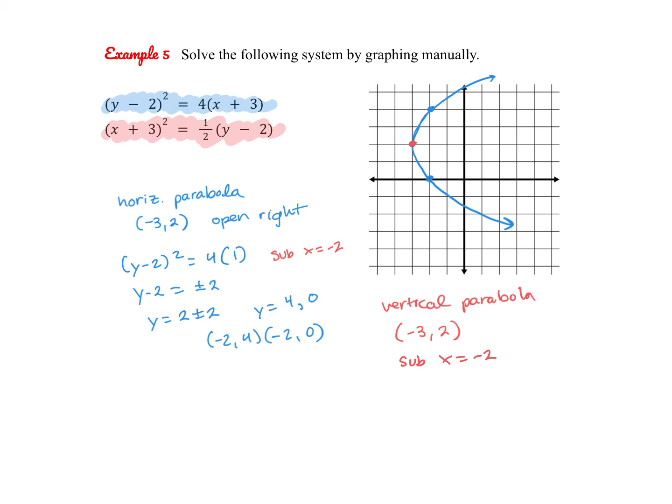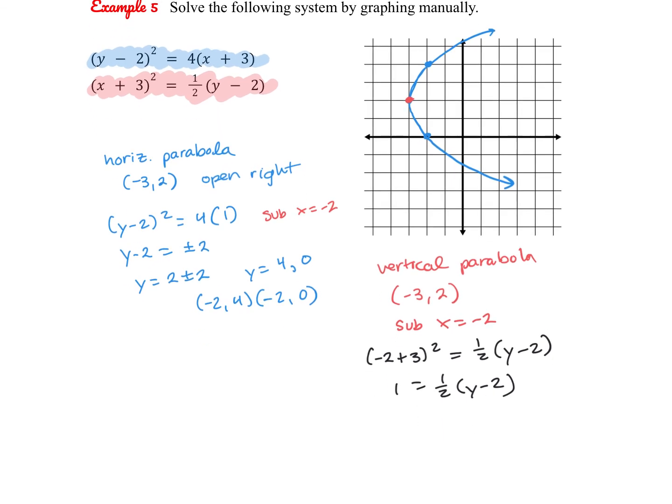So when I do that into our second equation, we get (-2 + 3)² equals 1/2 times (y - 2). So this gives us 1 equals 1/2 times (y - 2). We can multiply both sides by 2, and we get y equals 4.